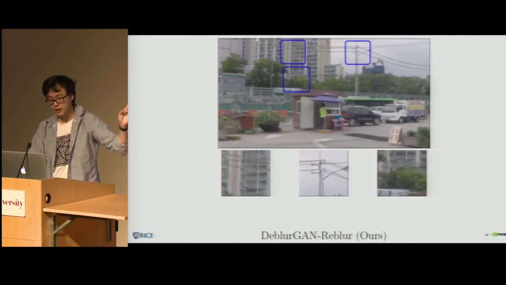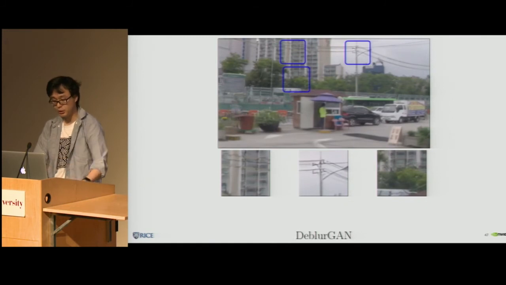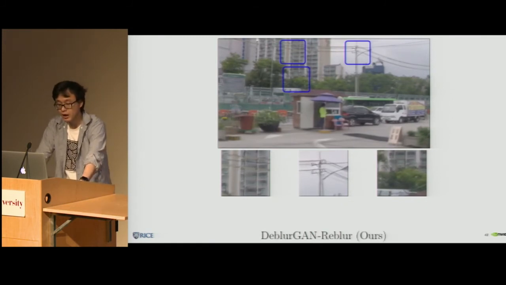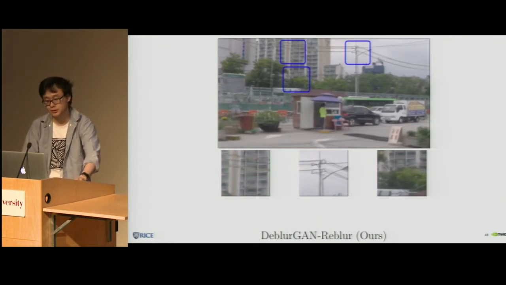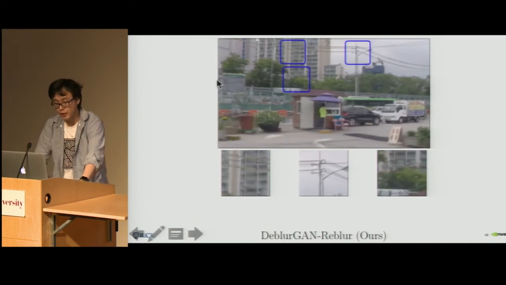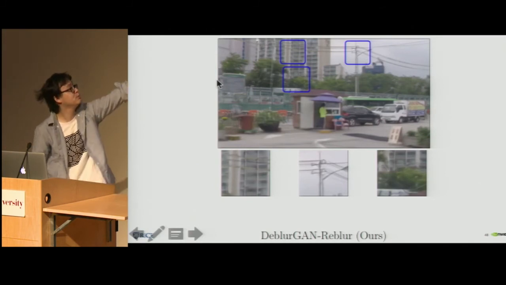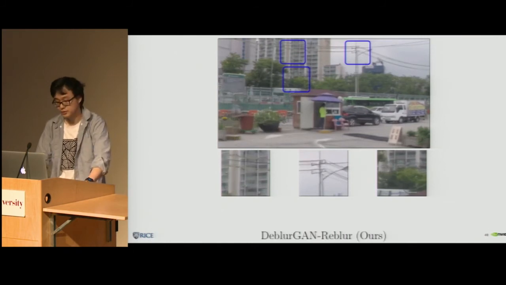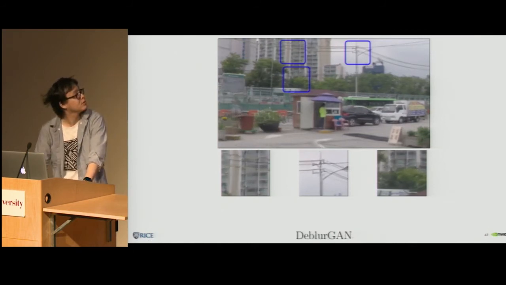Moreover, even though the pole looks very sharp, there is only one single pole. After our reblur fine-tuning, the window structure becomes more natural. And we are able to reveal that there are actually two poles over there. And this is consistent with ground truth. Let me flip the image back and forth so you can see it.